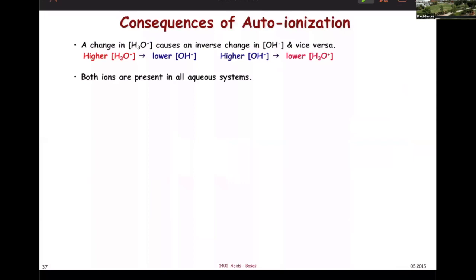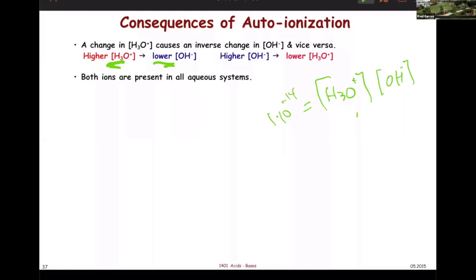So what you will find out when we do these calculations is that when the hydronium ion concentration is higher than the hydroxide, because there's always a balance. When one goes up, the other goes down, because hydronium times hydroxide equals 1 times 10 to the minus 14.